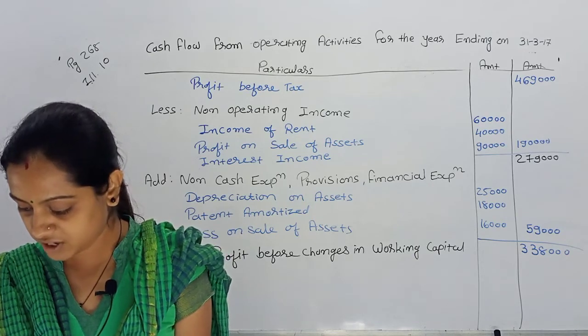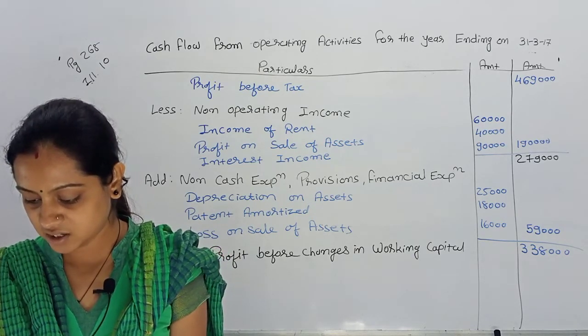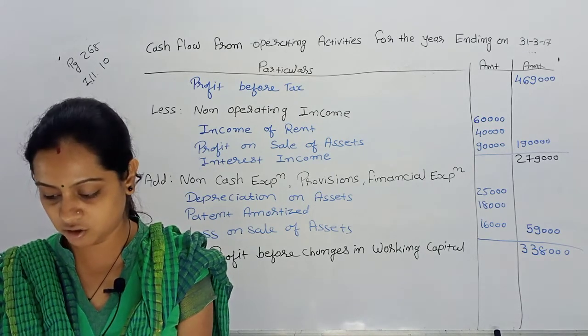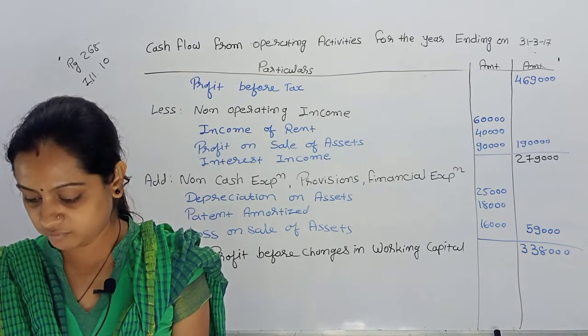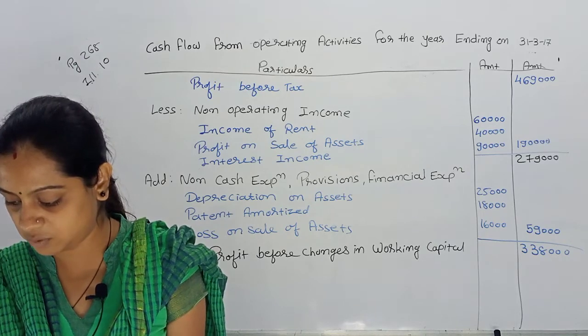So first, debtors. In the beginning debtors were 78 and at the end 90, so that has increased, so we will not write here. Then creditors, that is our liability, so we will not check. Then bills receivable. In the beginning it was 10 and now it is 8.